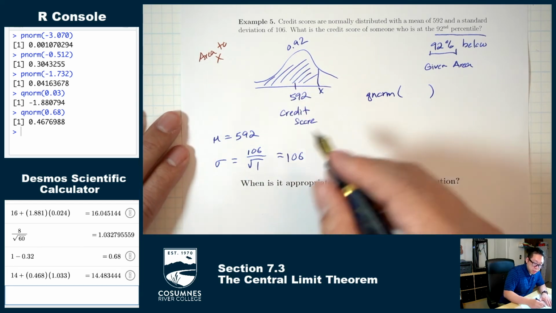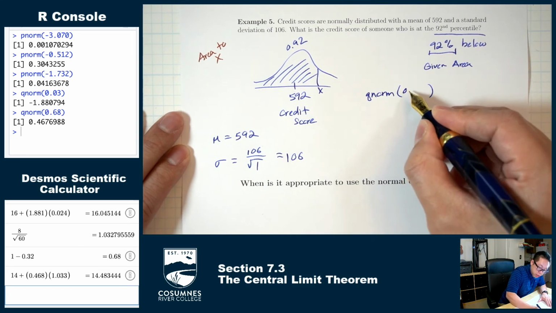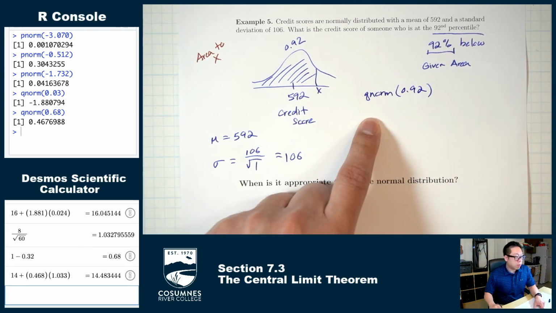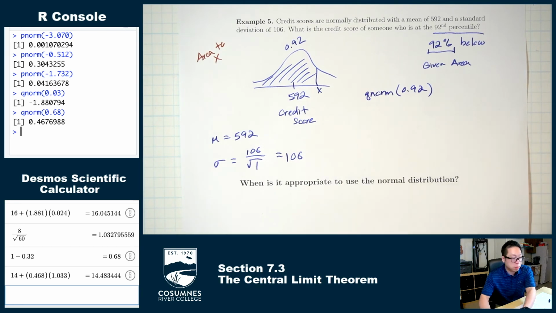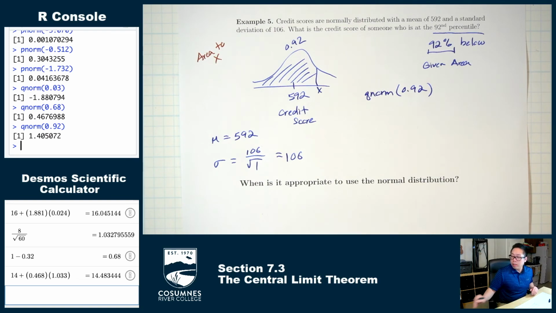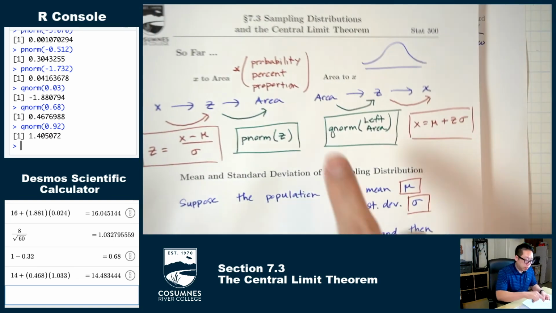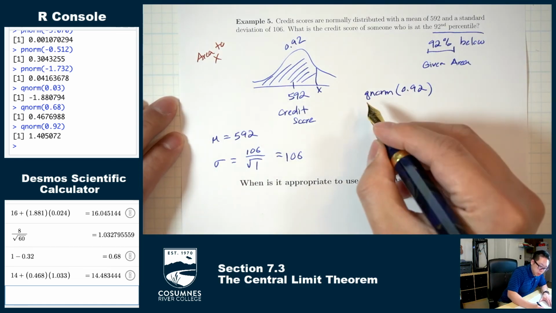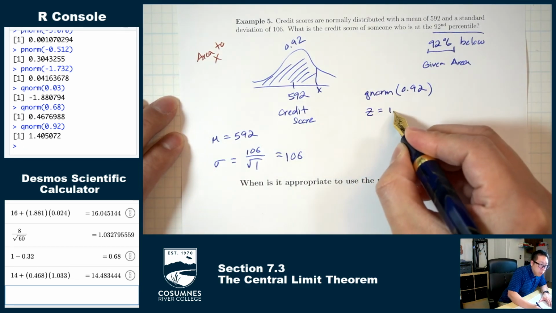So I don't have to do any adjustments here. It's just 0.92. So in R, qnorm of 0.92. Qnorm should get me from area to a Z. So Z here is 1.405.